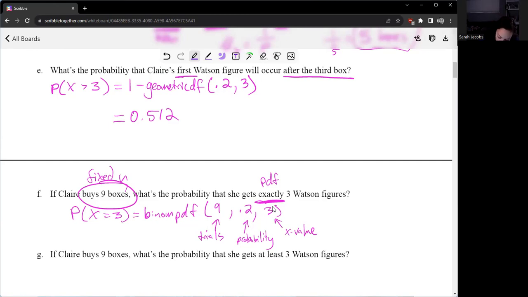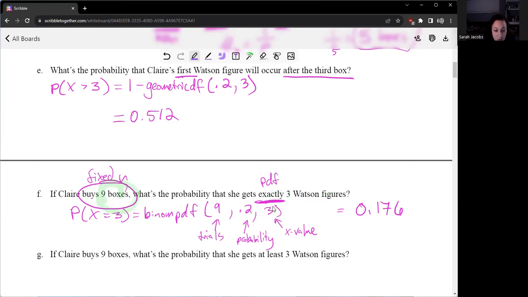So again, the equal sign is matching up with the PDF. So trials 9, P is 0.2, and x value is 3. So exactly 3 Watson figures out of 9 boxes. That gives us 0.176. So it's about a 17.5% chance that she gets exactly 3 Watson figures out of 9.